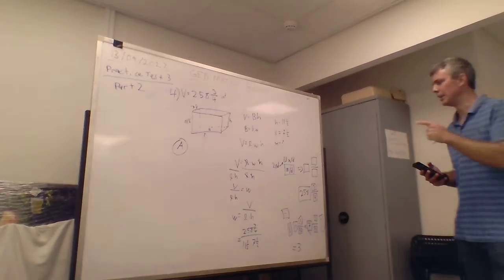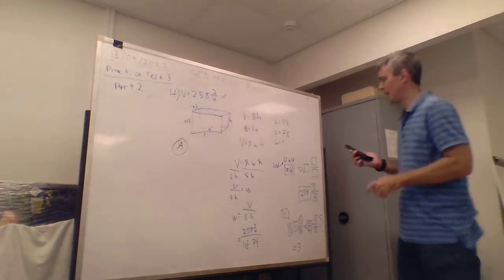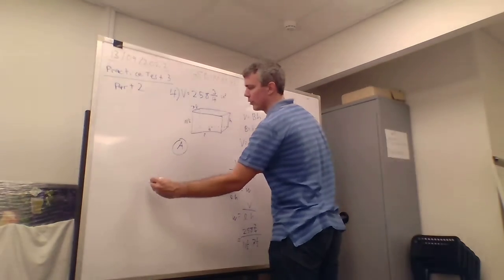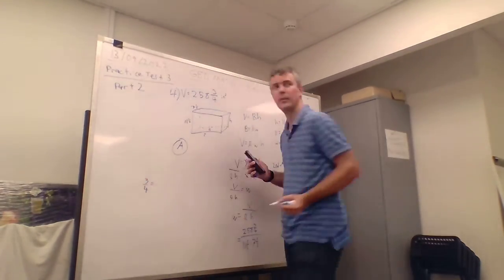There's another easier way to do it than with the calculator, okay? And that is, what is 3 over 4 in decimals?